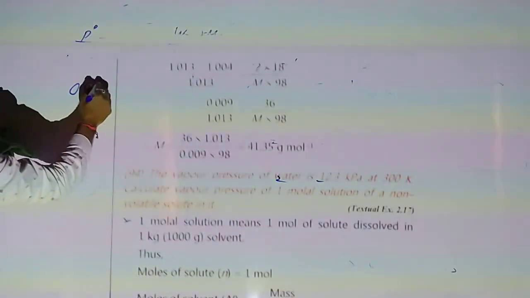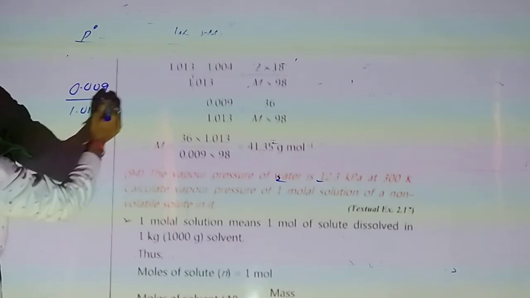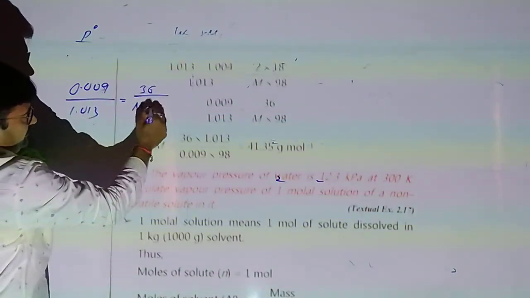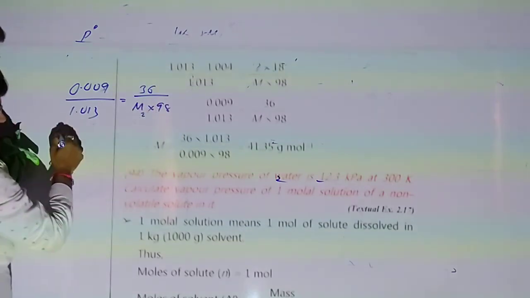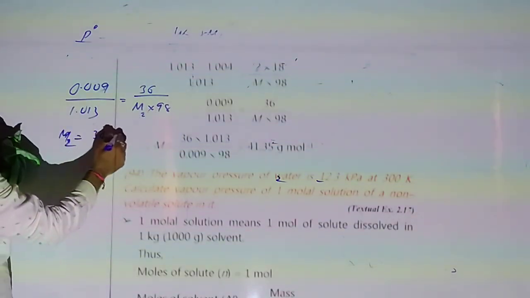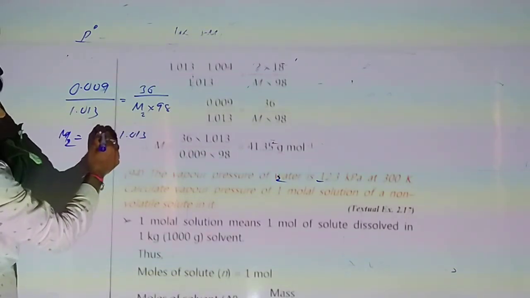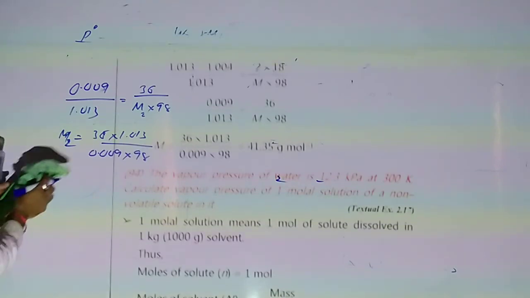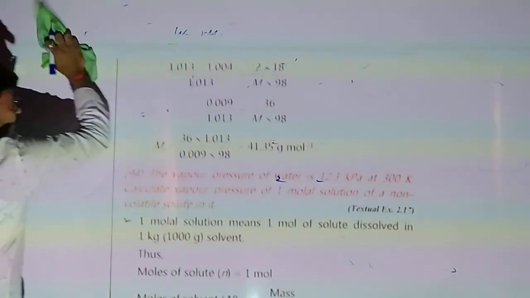Upper part 0.009 upon 1.013. So 36 upon M2 into 98. So M2 will be 36 into 1.013 upon 0.009 into 98. So 41.35 is our answer.